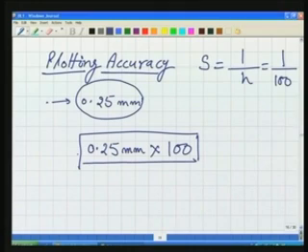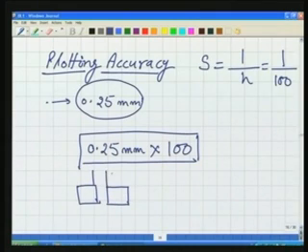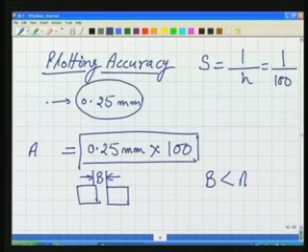On the ground, let us say there is one object here and there is another object. If the distance between these two objects on the ground is B, and this particular value we write as A, and B is less than A, what is the meaning of this?